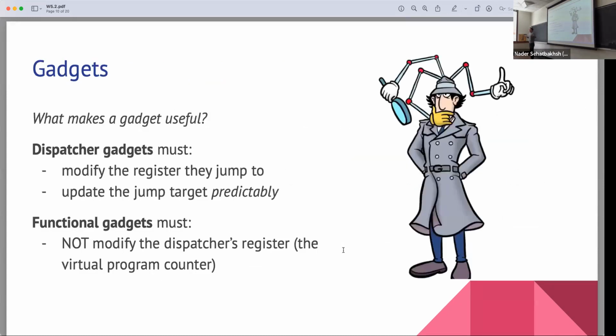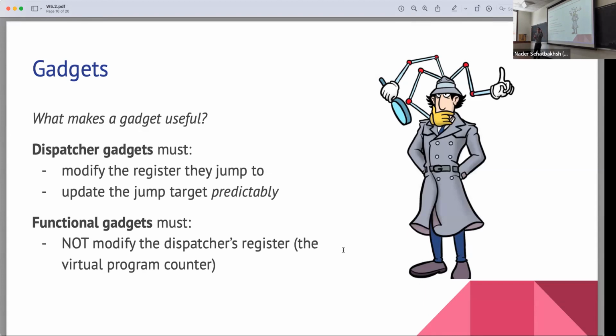So what makes a gadget useful? The dispatcher gadget must modify the register that it jumps to, and it must update that target predictably. Your functional gadgets must not modify the dispatcher gadget's register. This is very important. For CS33, you know there are multiple different types of special registers.